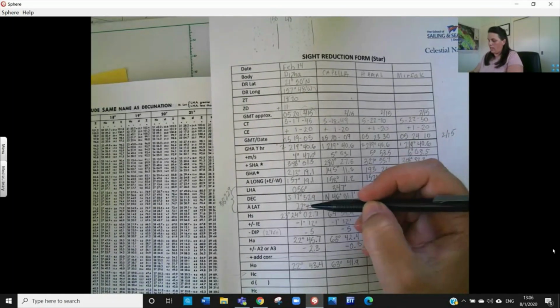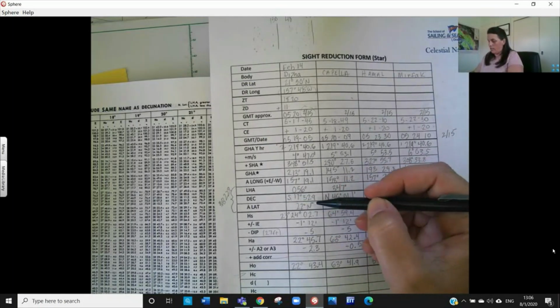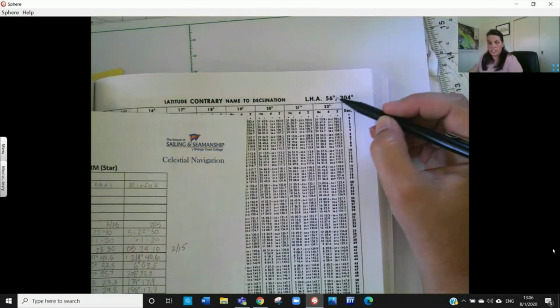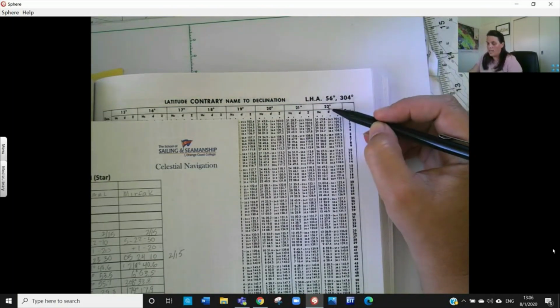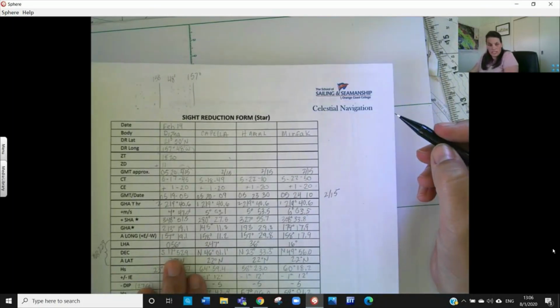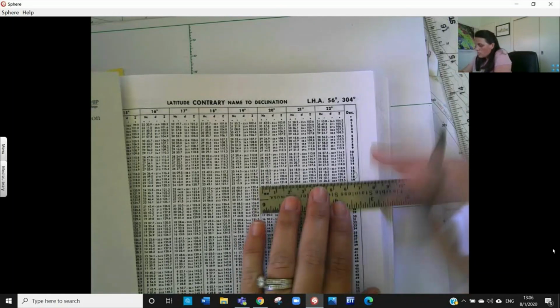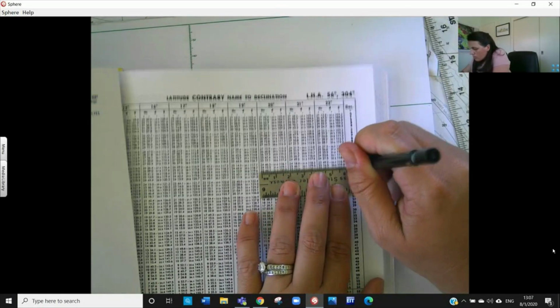Back up here, I have a declination of south and a latitude of north, so I'm going to be contrary. So I have LHA of 56, latitude of 22, and a declination of 17°52'. So I'm going to find 17, somewhere in between these numbers. And we're not going to triple interpolate because we don't have to.